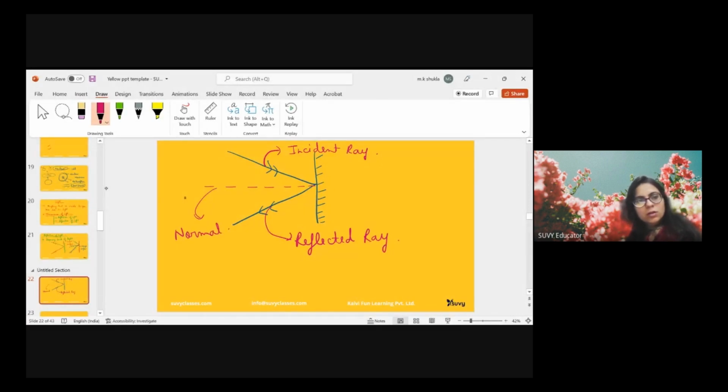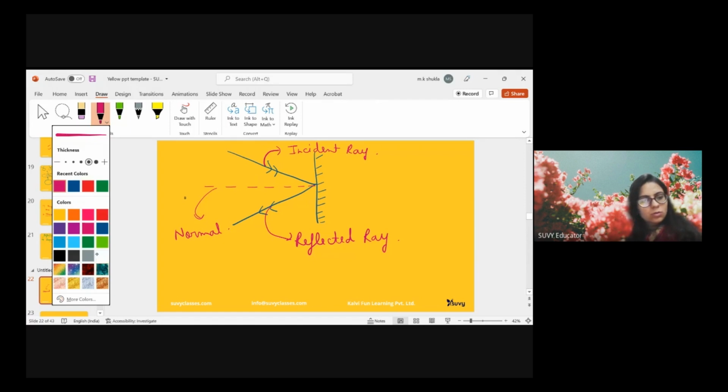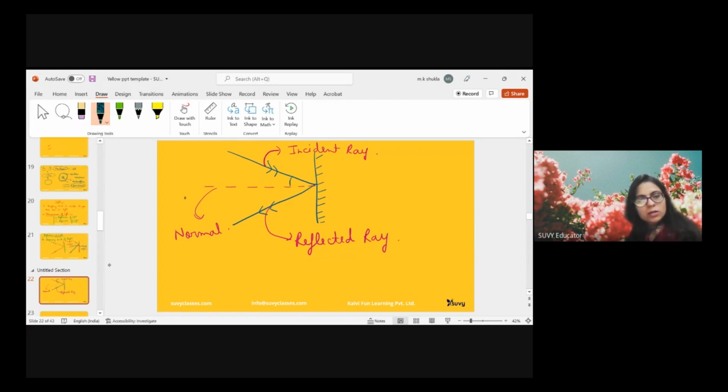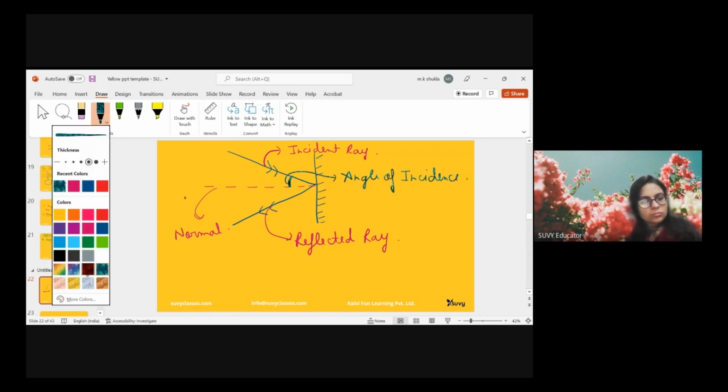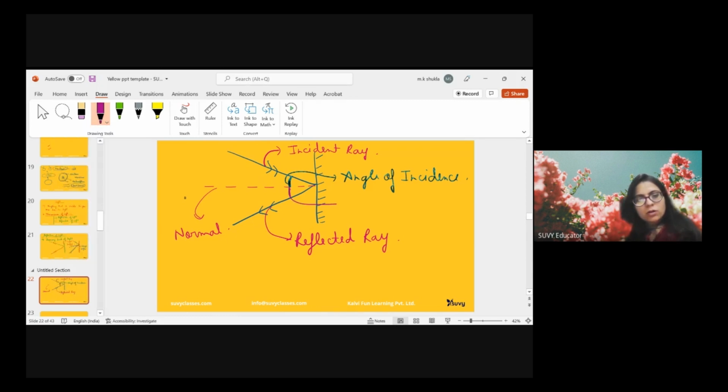Now what is this angle called? Angle of incidence. And this angle is called angle of reflection.